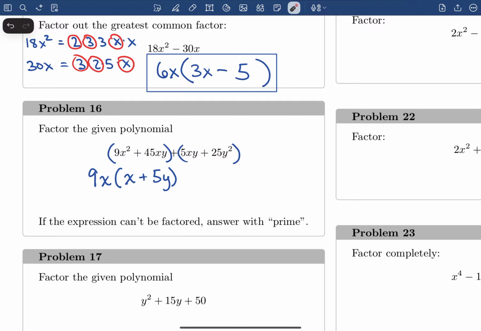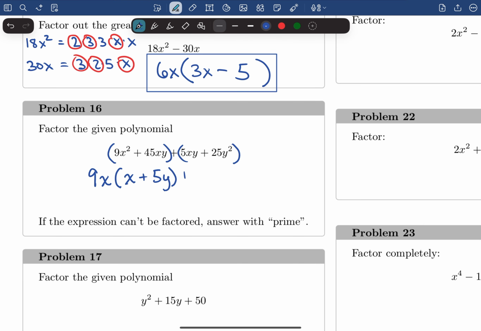And I think, well, the GCF is 5y. And in parentheses, I'm left with x plus 5y.